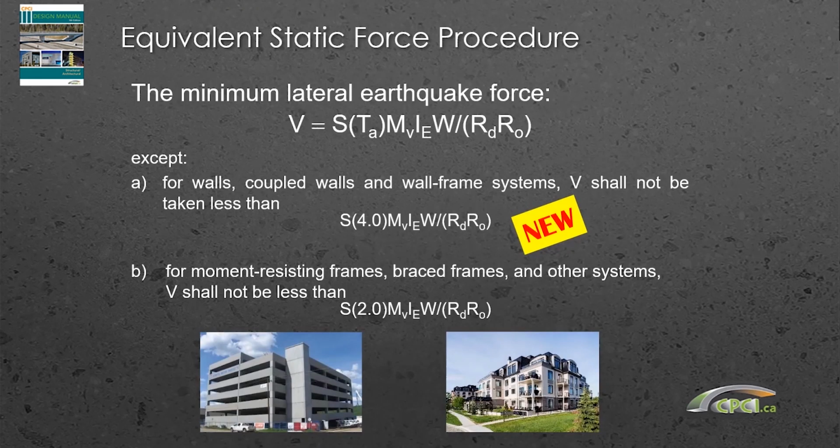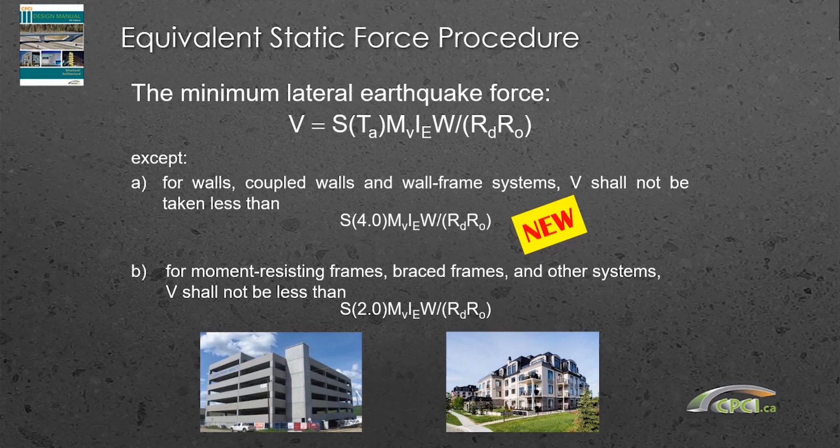So the equivalent static force procedure, similar equation for the lateral earthquake force V, new requirement for walls, coupled walls, and wall frame systems. A new limit is put in, the S4.0, and again for moment resisting frames, the S2.0.